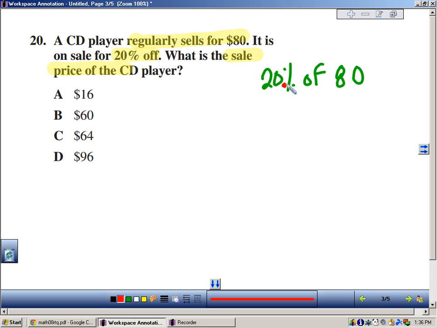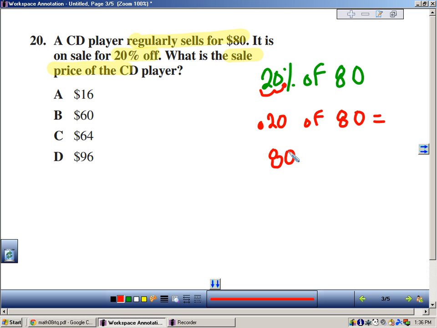It's to the right of the given digits, right? And in order to change that percent to a decimal, I must move it left 2 positions. Okay. So there is my decimal, and of means to multiply, and so I must be multiplying these two numbers, the 80 and the 20%, written as a decimal.